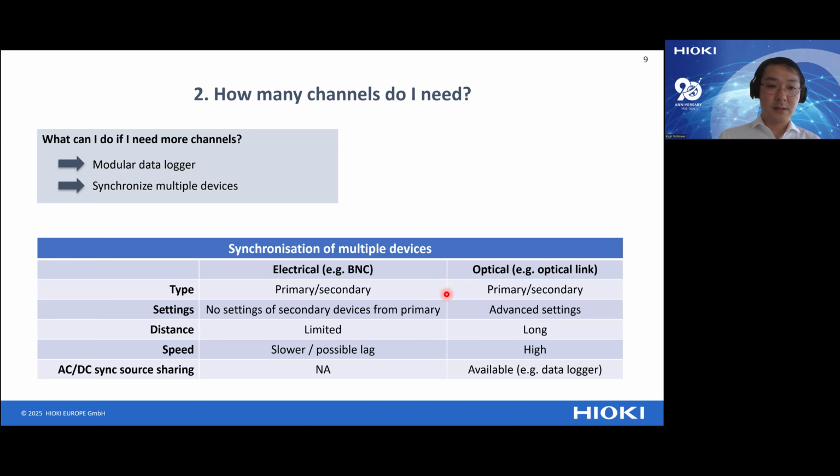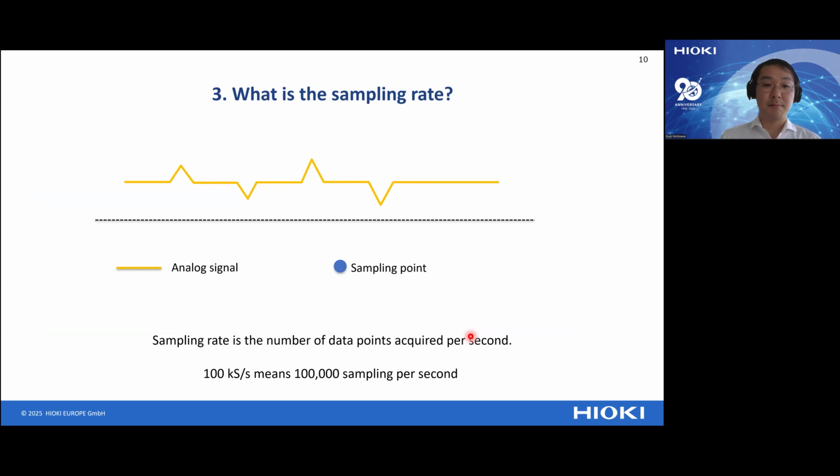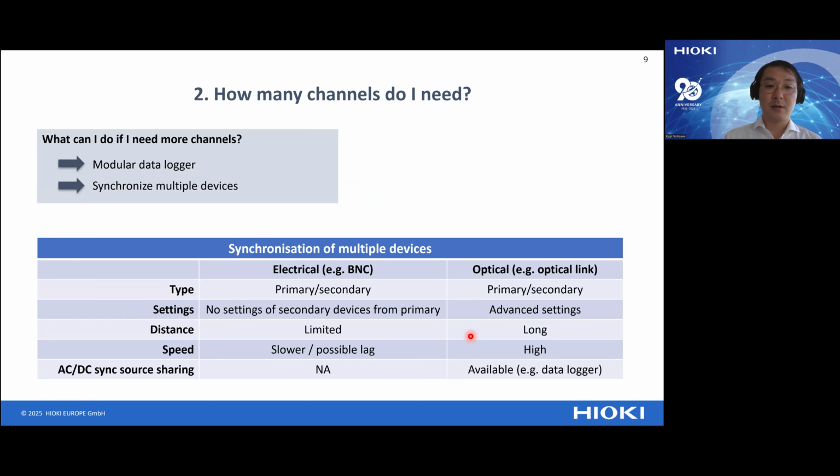But optical synchronization offers some clear advantages. You can change the settings of the secondary device from the primary device, and it supports long-distance connections, up to 500 meters. That makes it ideal when your devices are located in separate rooms.